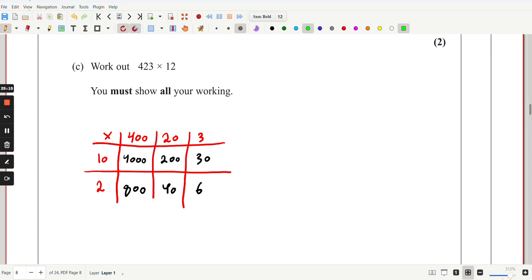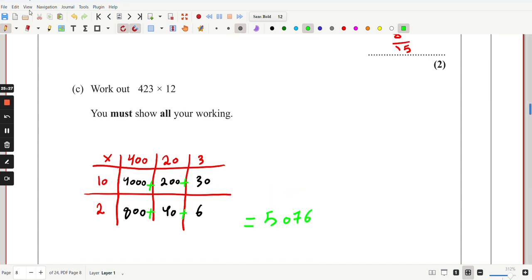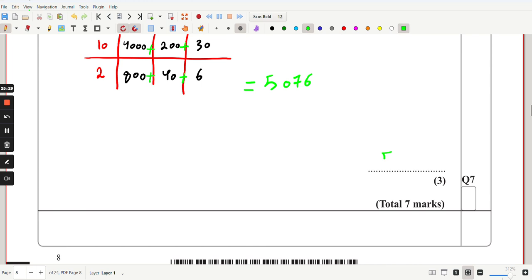Then we'll add all of these numbers, and we'll get our answer, 5,076. Write it down here.